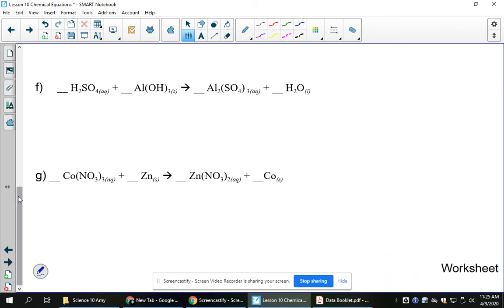Here are some equations that are a little more complex, and they've actually gone as far as to write out the ionic compounds for you. So when you're thinking about these questions, you can see why it's so important to write ionic compounds properly. If you don't write the ionic compound correctly, you won't have any chance of balancing the equation properly.